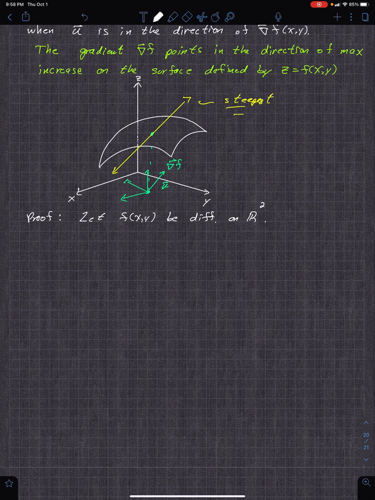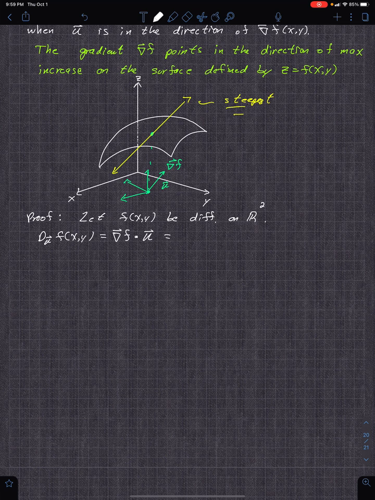Okay, then when you define the directional derivative in the direction u of f of x, y, we can say that's the gradient of f dot u.